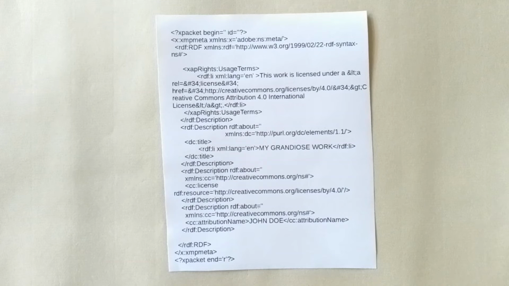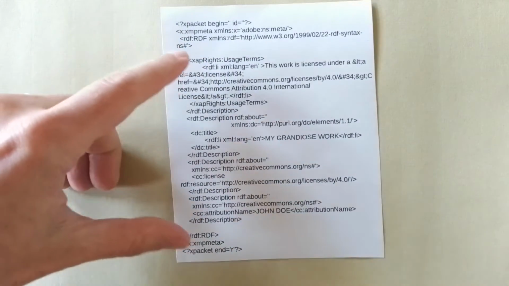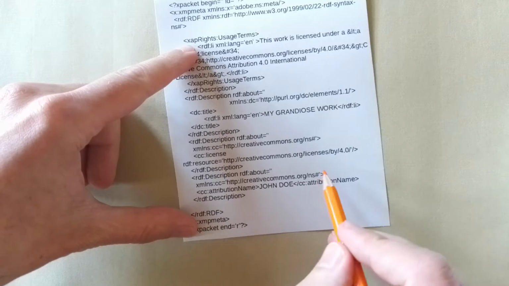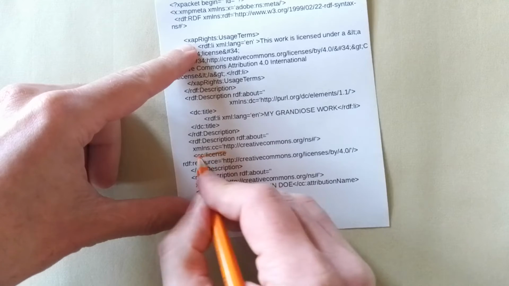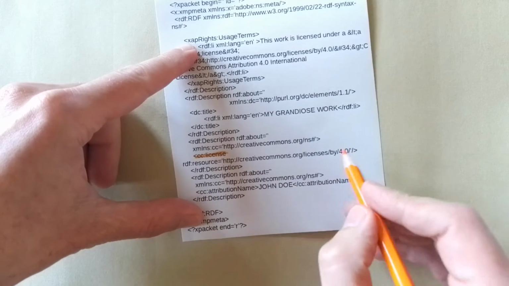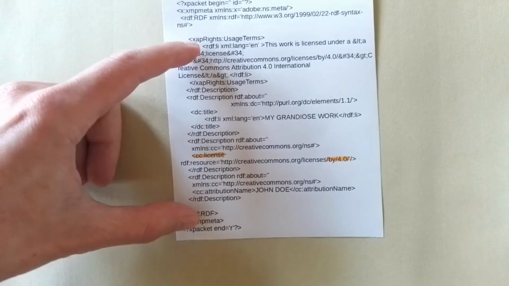Again, it looks pretty much like gibberish, but if you look closely, you can still make out useful stuff. So it's not totally opaque. For example, most importantly, we have a tag called license, and lo and behold, there's a URL that points to a BY 4.0 license.